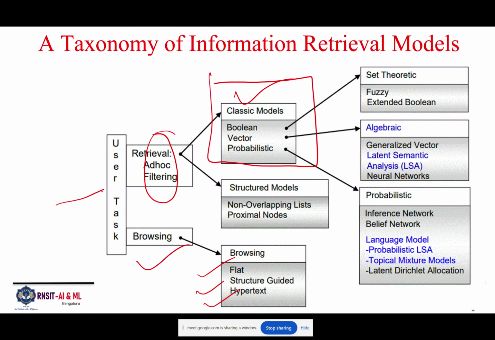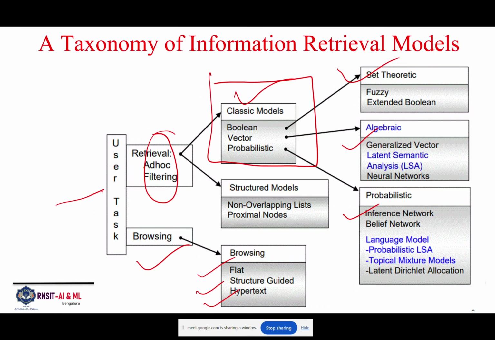That means you have set theoretic, algebraic, and probabilistic. So the three classic models in information retrieval are set theoretic, also called Boolean, algebraic, also called vector, and probabilistic.